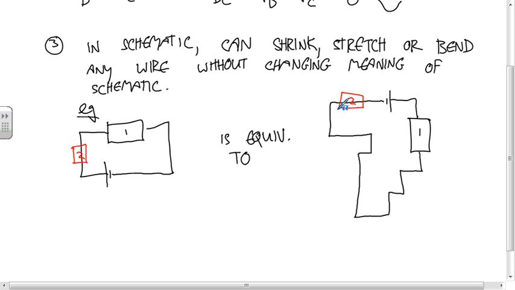Now those two wouldn't be equivalent because in this schematic, current leaving the positive terminal of the battery gets to element 2. In this one, positive current leaving the positive terminal of the battery reaches element 1 first. So those aren't equivalent anymore, okay? To do these, I did more than just bend and stretch and shrink wires, okay?